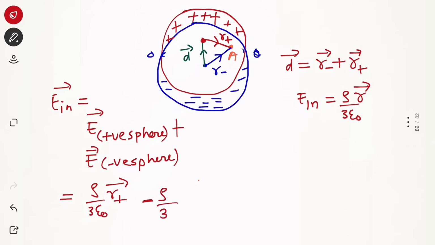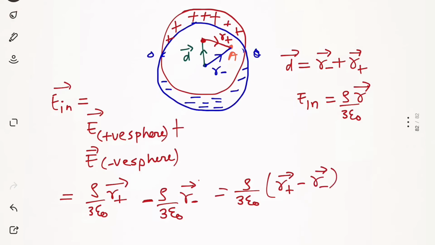So I can write rho by 3 epsilon naught R negative vector, because this is the distance from the center of the negative charge. This can be written as rho by 3 epsilon naught taken outside, and inside we get R positive minus R negative.